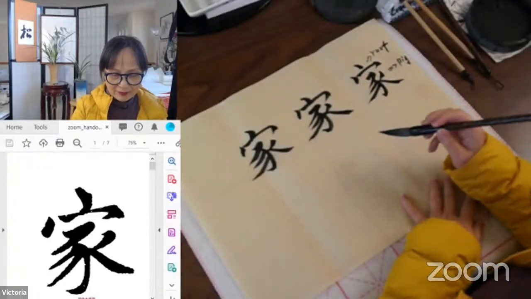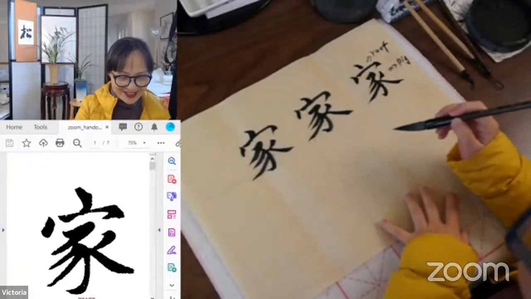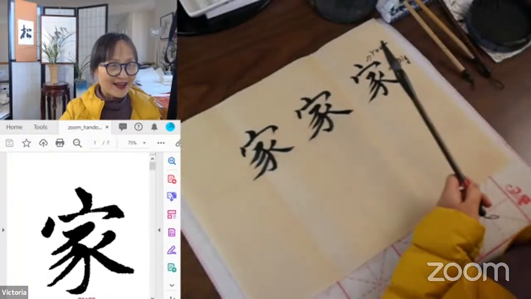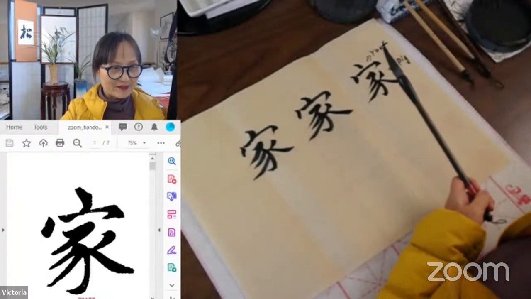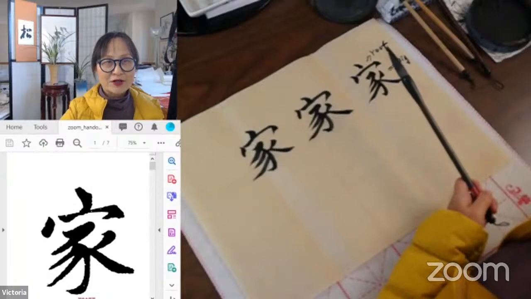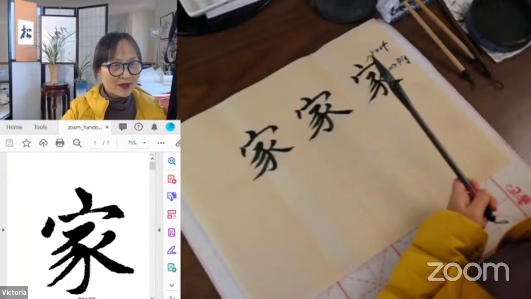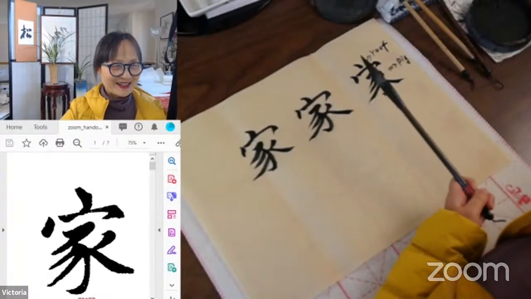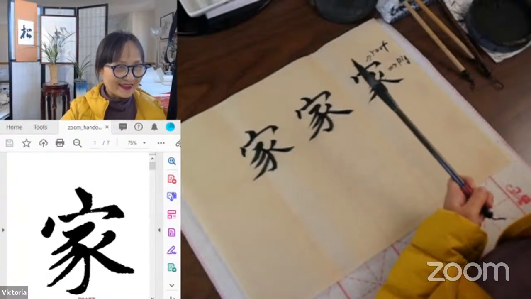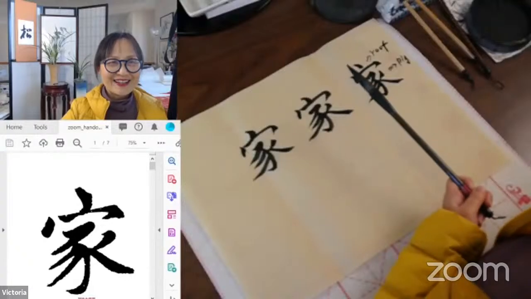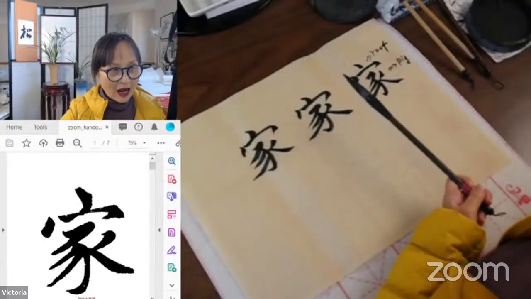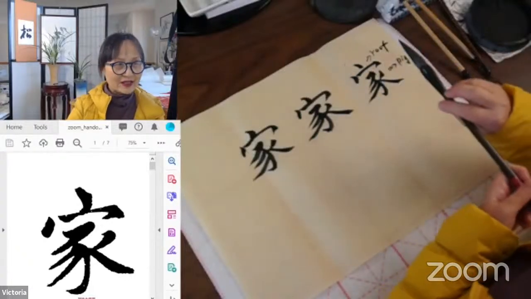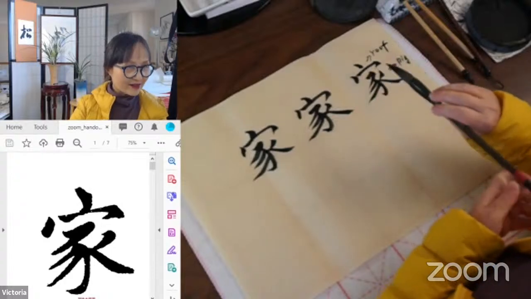So you can think about the meaning. Very interesting: the roof, and under the roof, if you put the female character, the woman there. So woman underneath the roof in the house. And what's the house? What's the family? So roof, underneath of the roof.